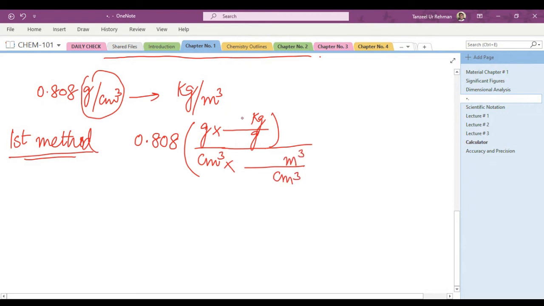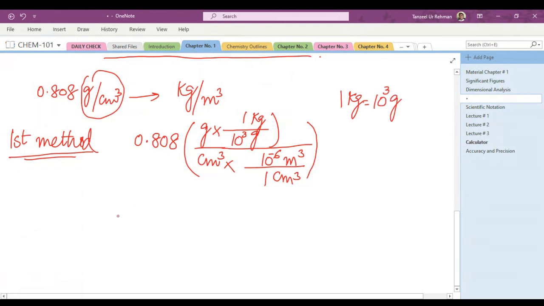We know that 1 kilogram is 10 to the raised power 3 gram, and 1 centimeter cube is 10 to the raised power minus 6 meter cube. This one we have just finished in our second example. And this one we already know, that 1 kilogram is equal to 10 to the raised power 3 gram.